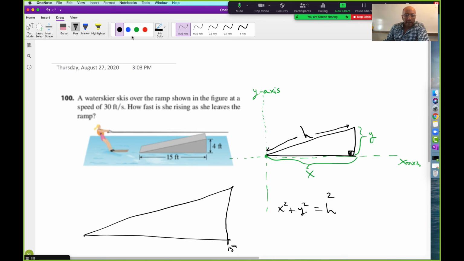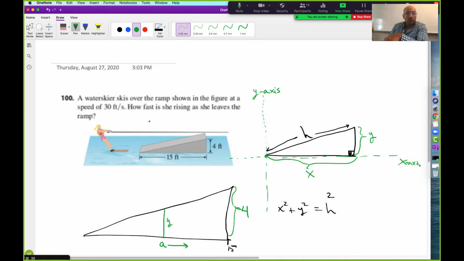But at some other point, as you go along here, as this x value is increasing toward 15, there is some y value there. So the height starts off at 0, and the height is getting bigger and bigger, and then at this point over here, we reach a height of 4. So their exact height at this point is a 4.